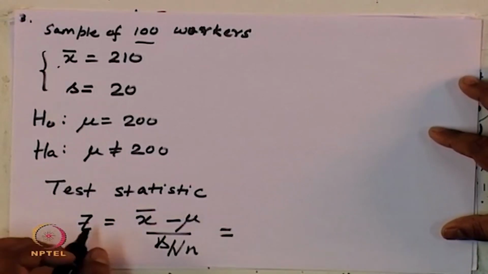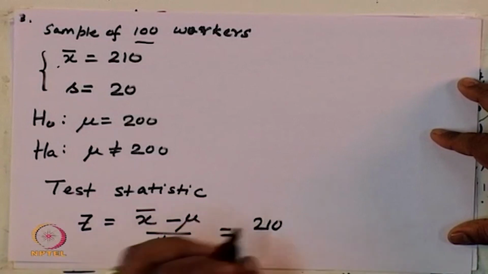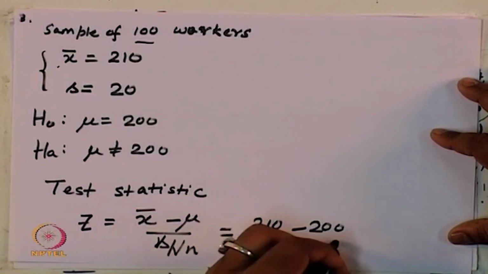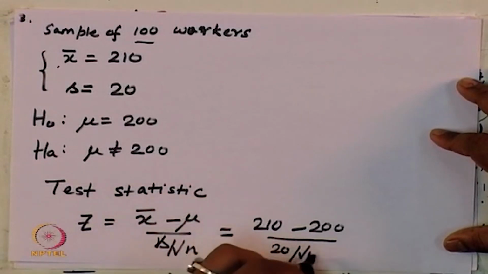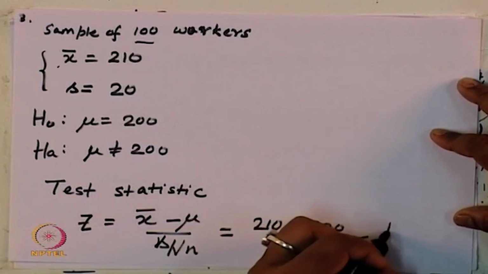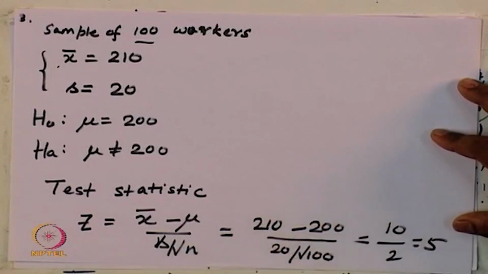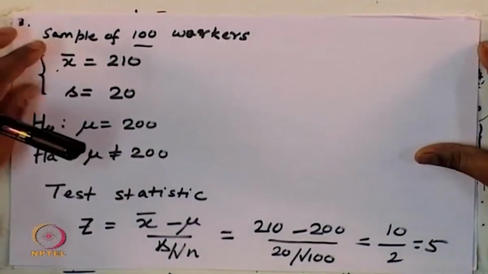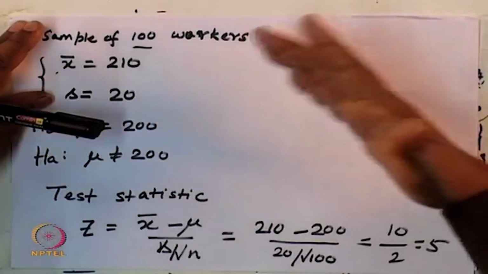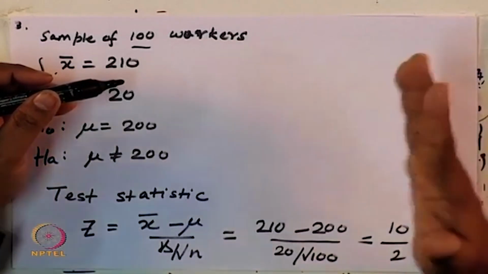Computing: x bar is 210 minus mu is 200, divided by S is 20 over root of 100. So, you get 10 divided by 2, equal to 5. The test statistic Z gives me a value of 5. In other words, the value that I obtained is 5 standard deviations away from the mean.